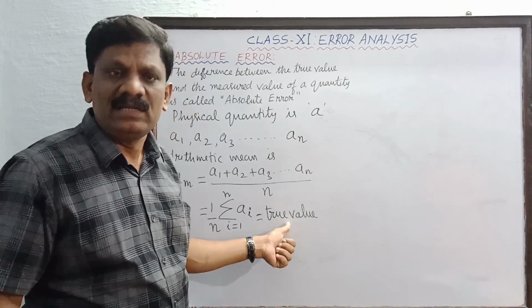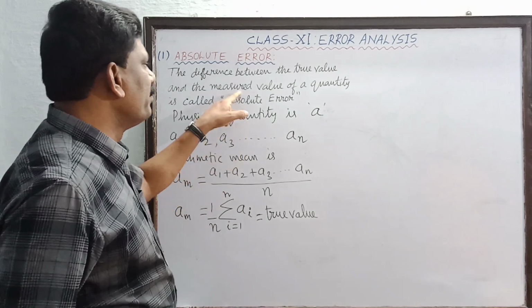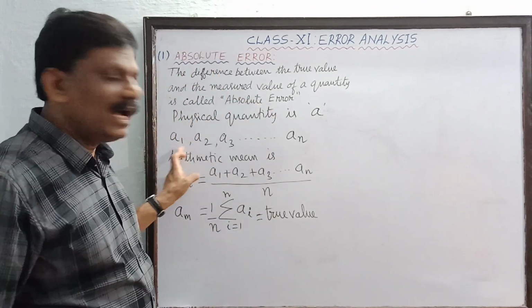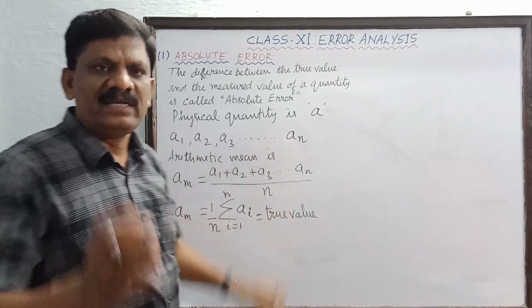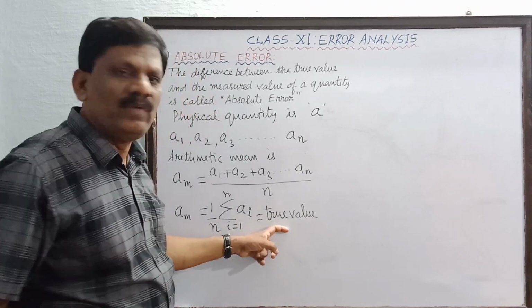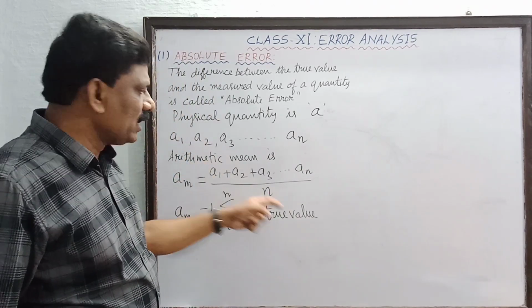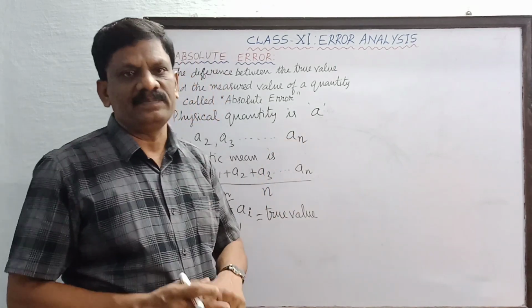True value is the mean value denoted by AM. And what do you mean by measured value of the quantity? Measured value may be either A1 or A2 or A3 or An. And the difference between this true value and A1, or true value and A2, or true value and An, that is called absolute error.